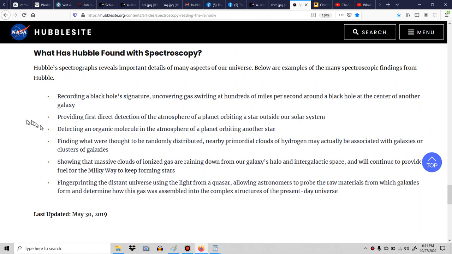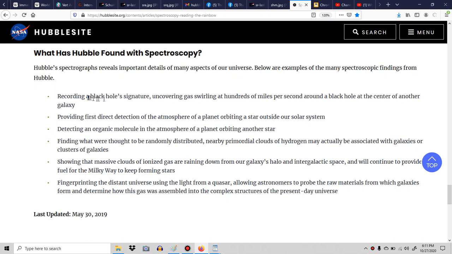What has Hubble found with spectroscopy? Hubble's spectrographs reveal important details of many aspects of our universe. Below are examples of the many spectroscopic findings from Hubble.